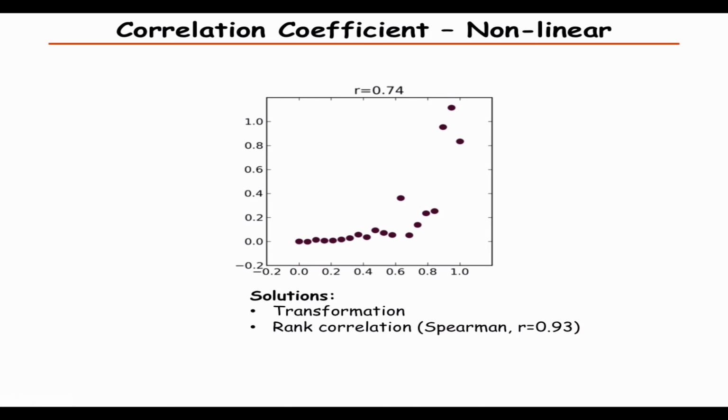So instead of correlating the actual values, we just rank them and correlate the ranks. In this case, if we use the rank correlation, we get a correlation coefficient of 0.93, which is what we would expect, because there's clearly a relationship here, it's just that it's not linear.